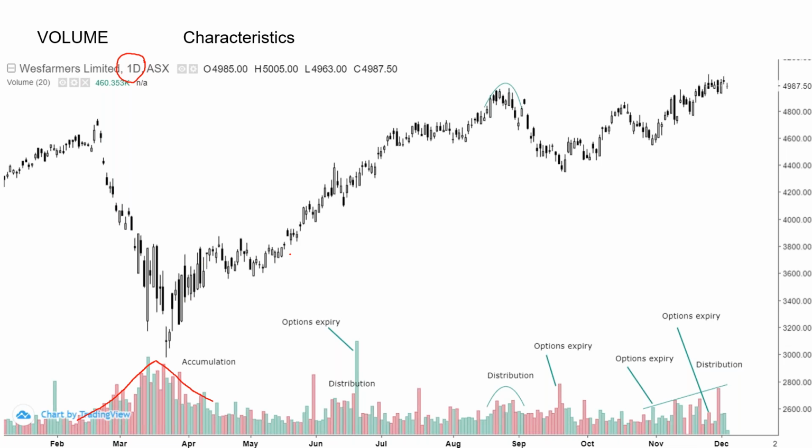And then the stock started to trend along the way. These bars in here, I've marked off a couple of interesting options expiry bars. This distribution point just here, we see this high distribution here, and we see the same in the market as the market rolled over at that point of time.